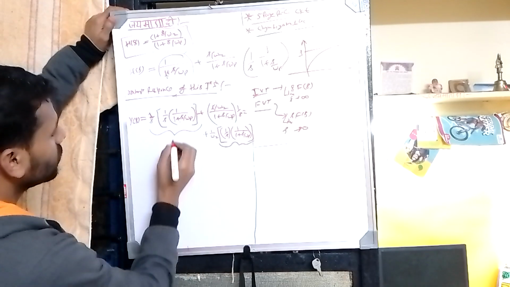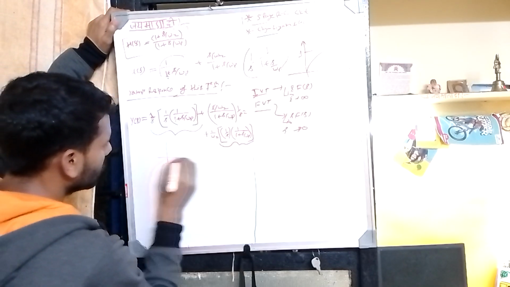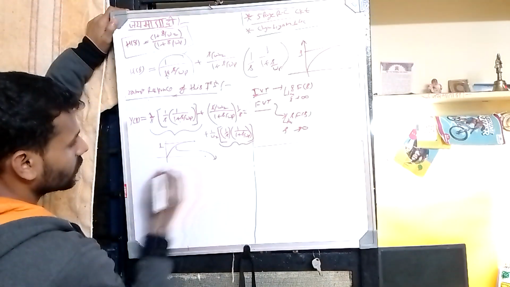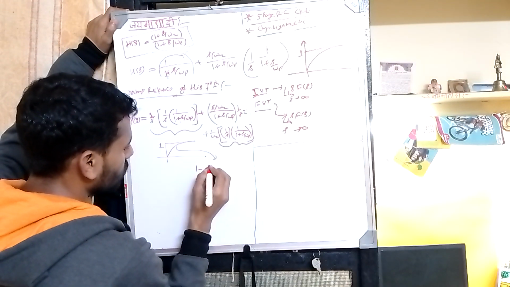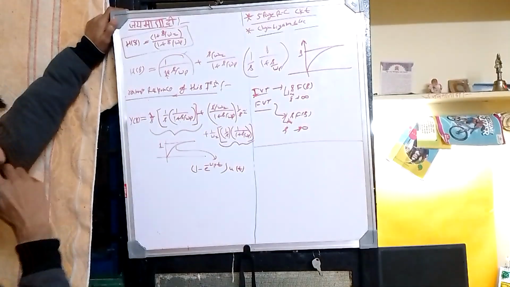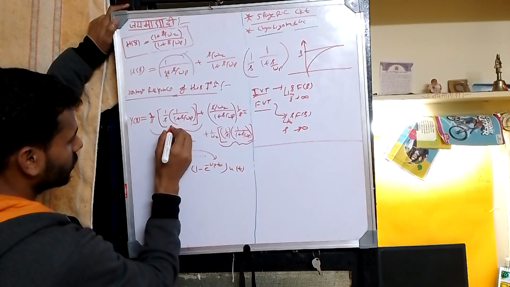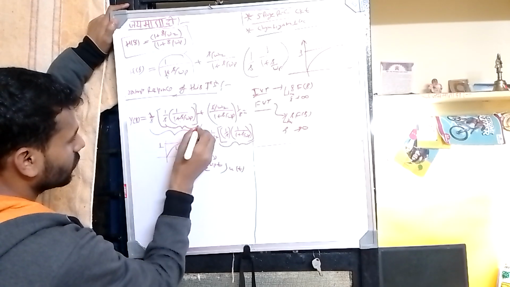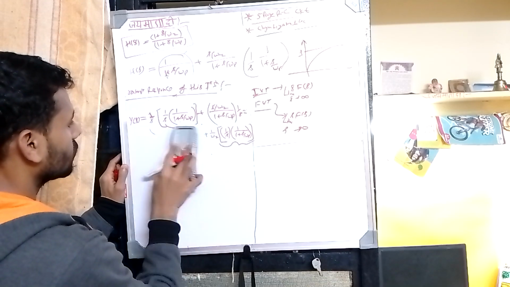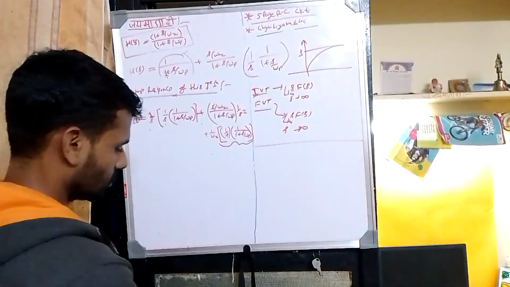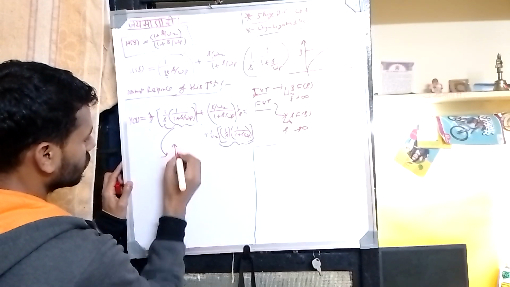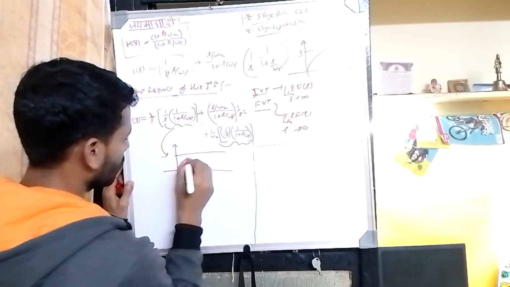You know directly from here, it will be like this: 1 minus e to the power minus omega p t, u of t. So the time domain function will be this.